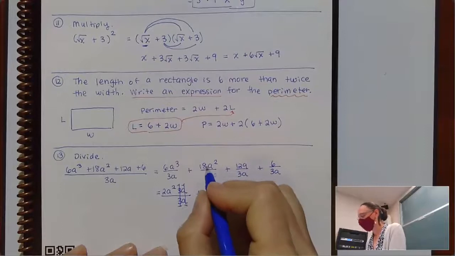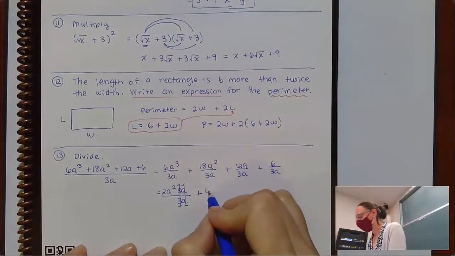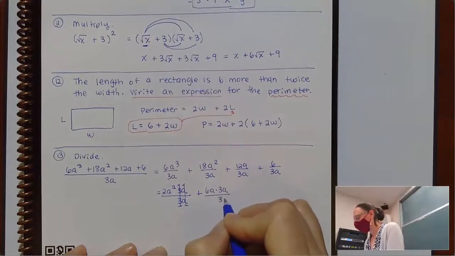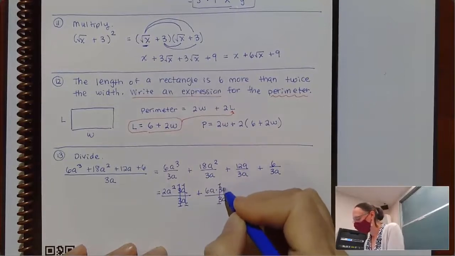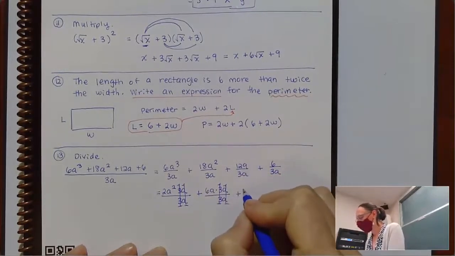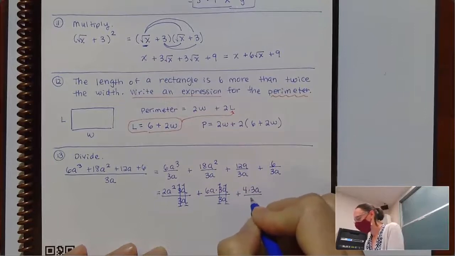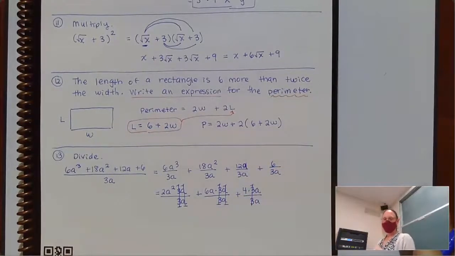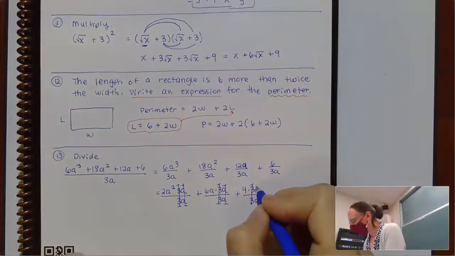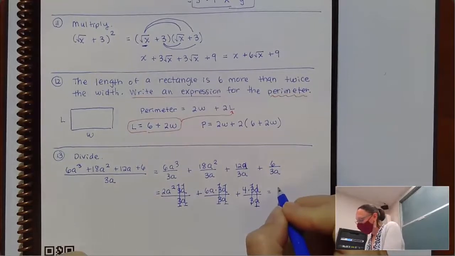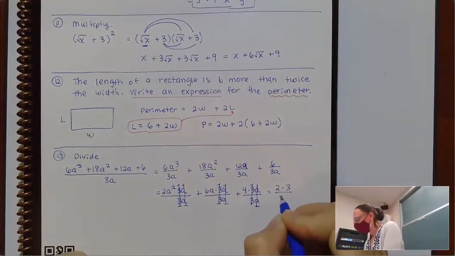This next piece, I can think about that 18a squared as 6a times 3a. Again, I'm doing that because of that 3a on the bottom. That 12a is 4 times 3a. And that 6 over 3a, I can write as 2 times 3 over 3a.